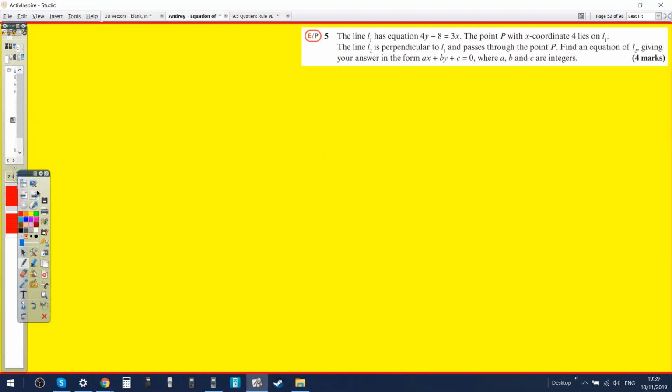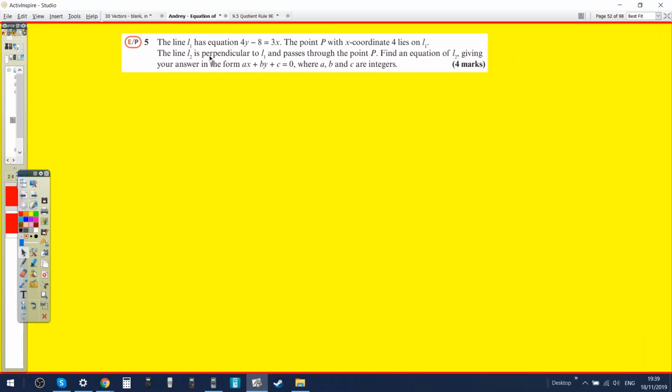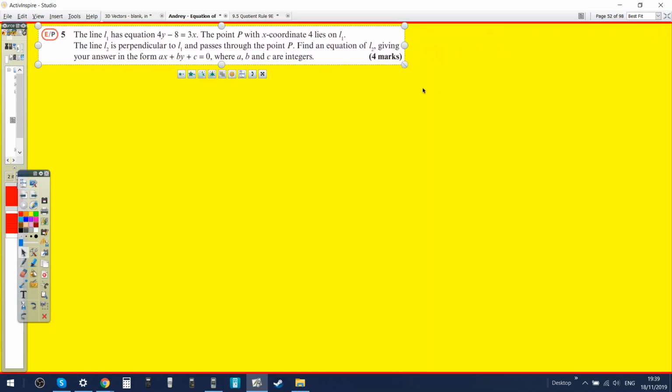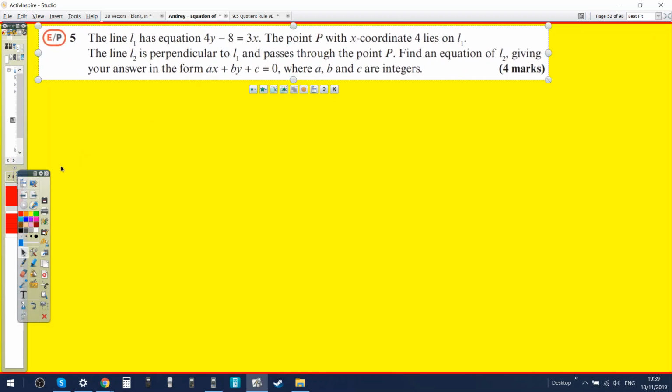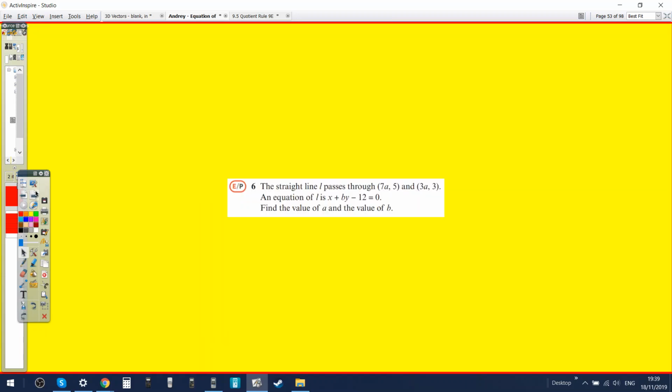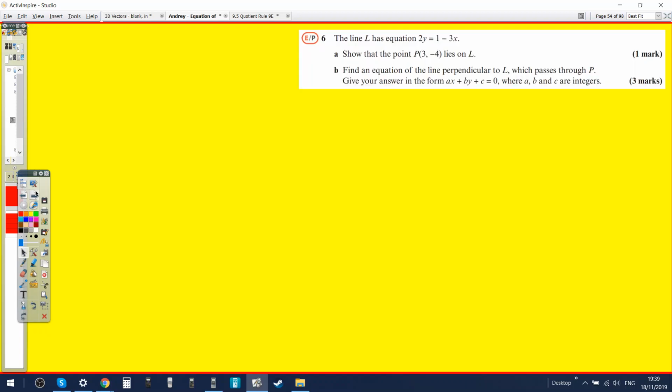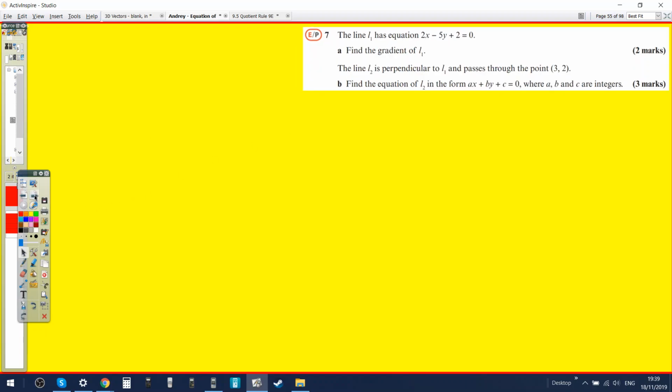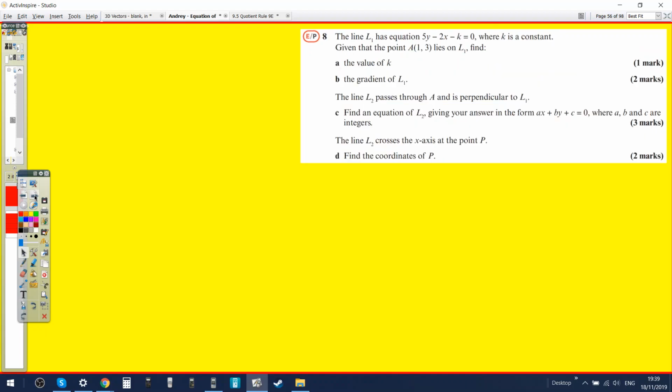Okay. Let me see. Perpendicular. That's this equation. I think you're good for that. That's fine. What do you know about perpendicular lines?